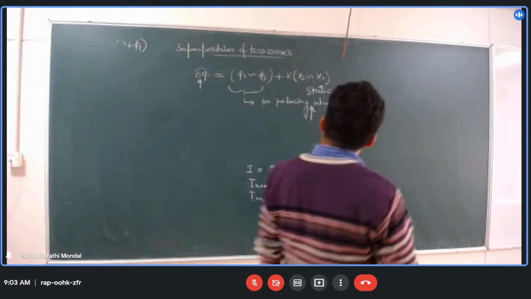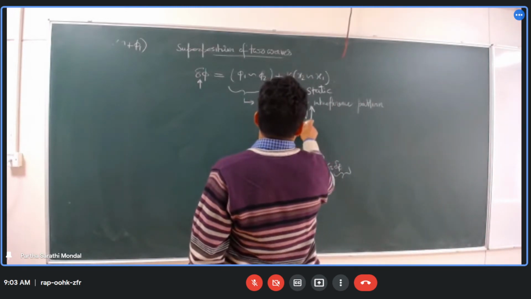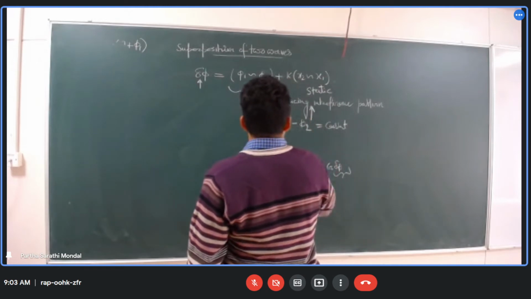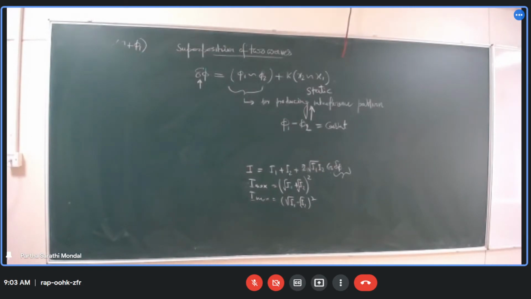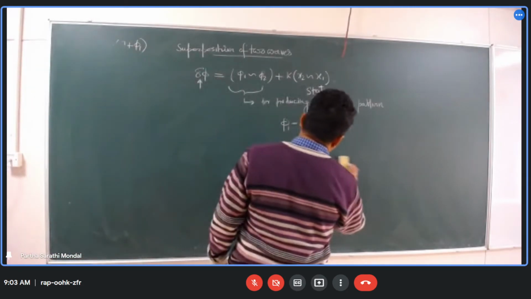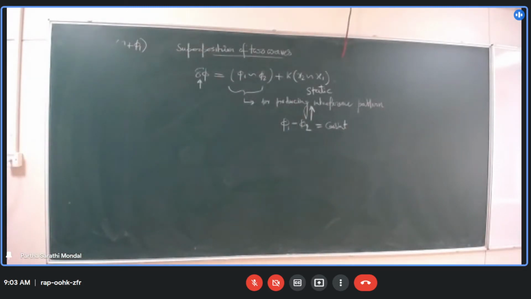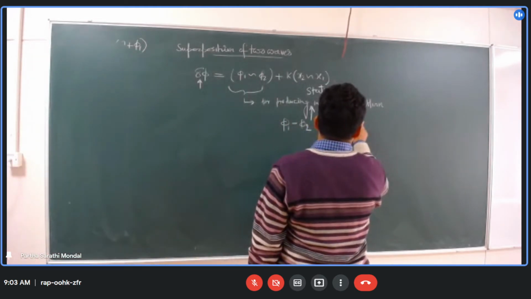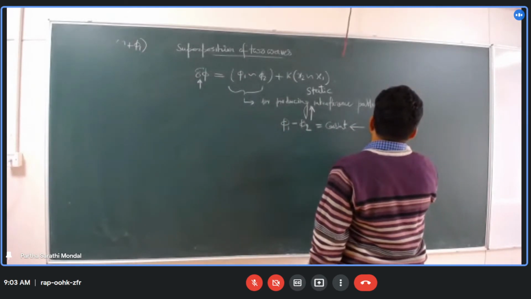So instead of saying just interference pattern, let's say static interference pattern. So phi 1 minus phi 2 is to be constant. What is phi 1? Phi 1 is the initial phase of source 1 or S1, and phi 2 is the initial phase of source 2 or S2.